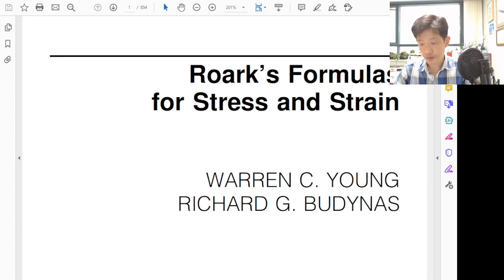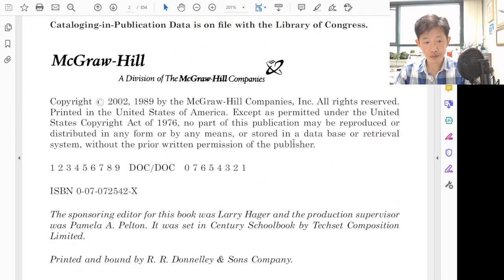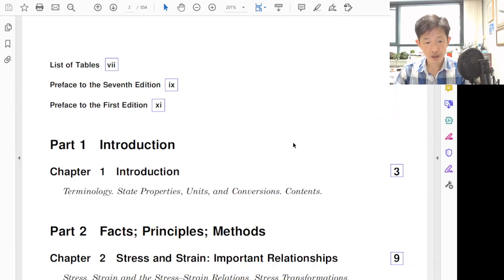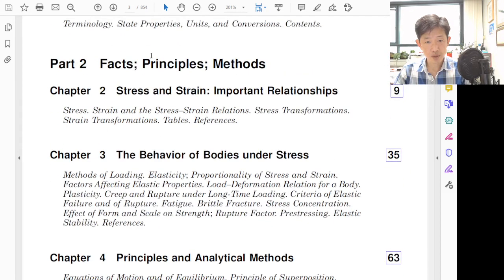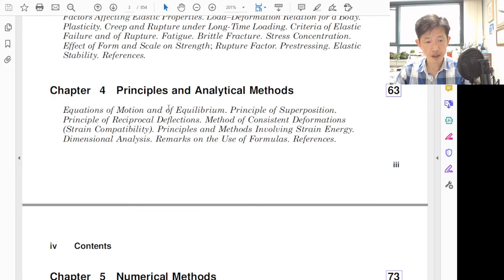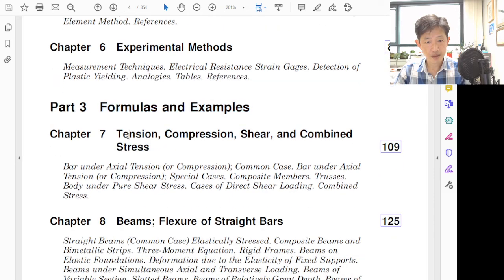And then, for example, let's go for a beam problem, and let me check here. If you open this textbook, there is a table of contents. In these contents, we can find information on facts and principles, the method, the analytical methods, and also numerical methods. And in part 3, we can get various formulas and examples for tension, compression, shear, and combined stresses.